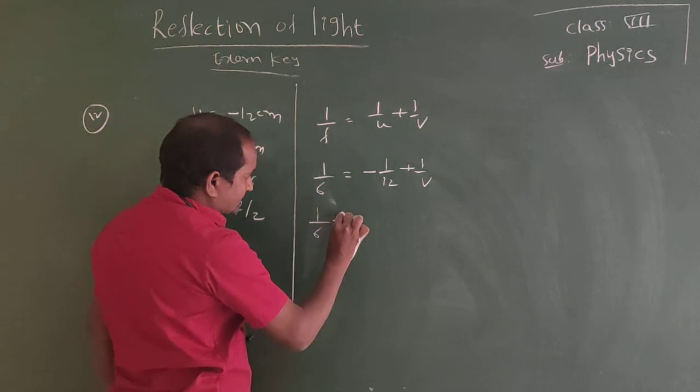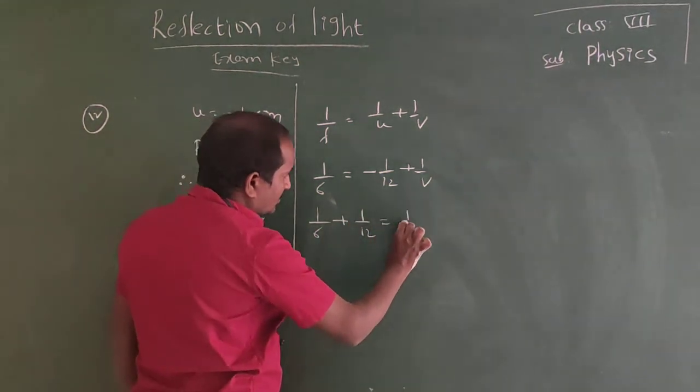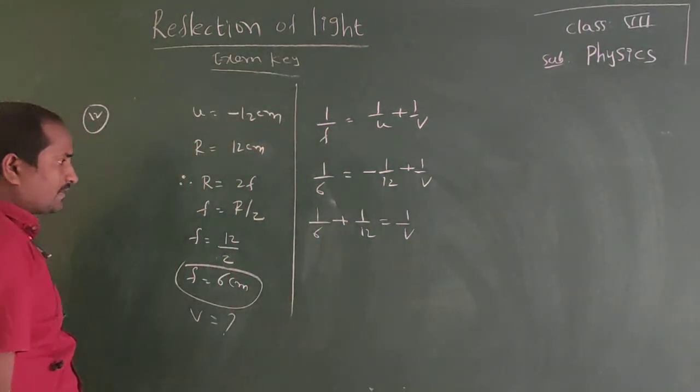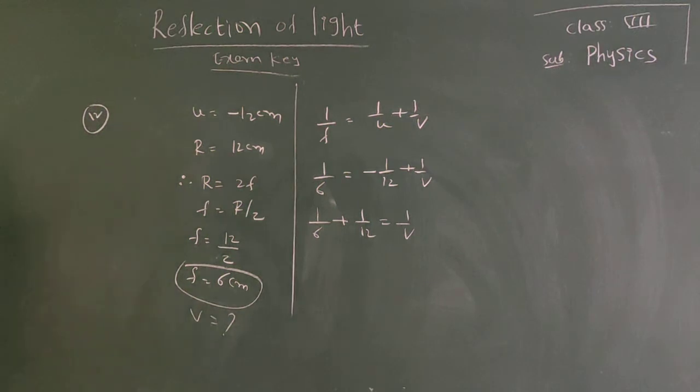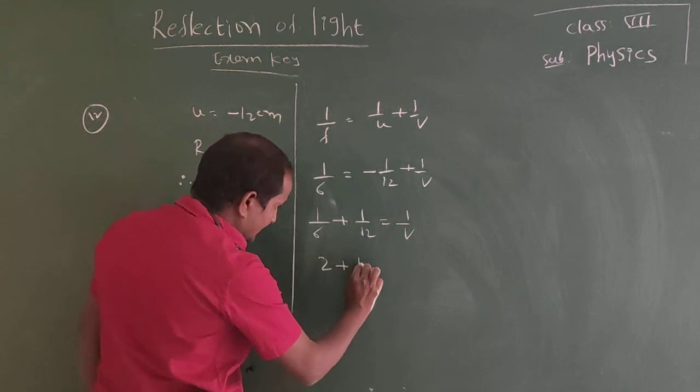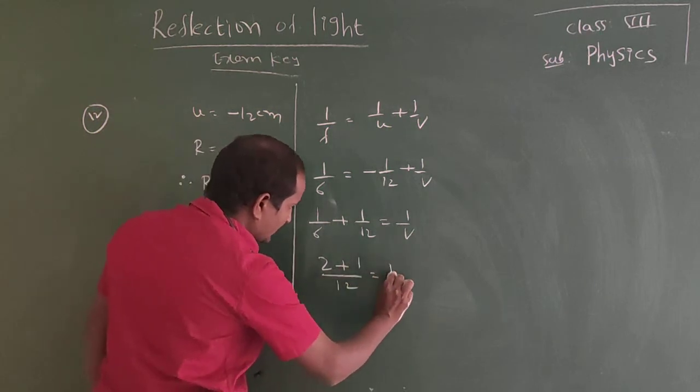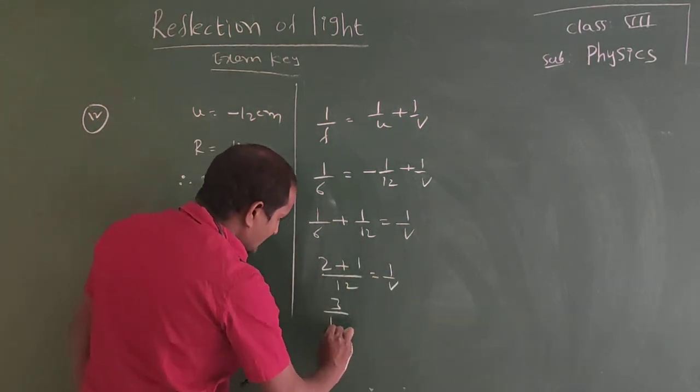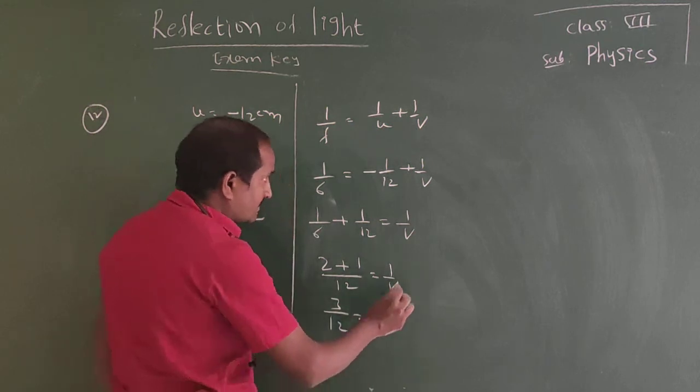So 1 by 6 plus 1 by 12 equal to 1 by v. The LCM is 12, so 2 plus 1 by 12, that is 3 by 12 equal to 1 by v.